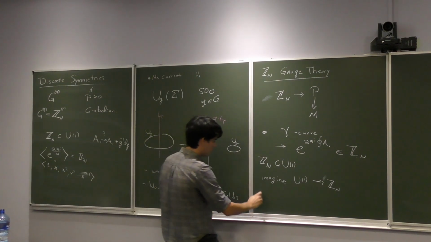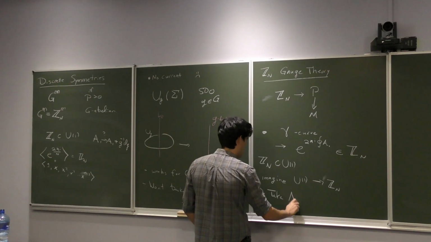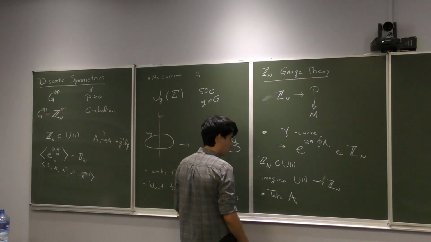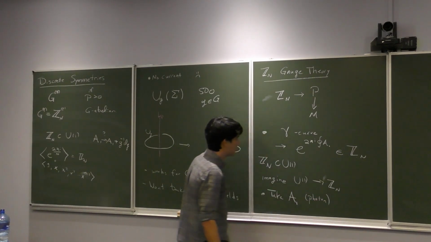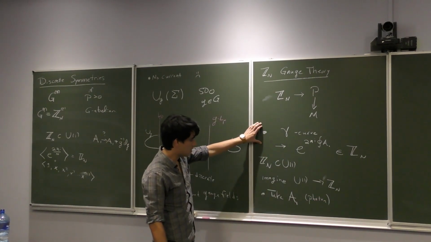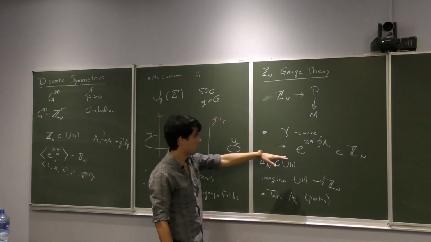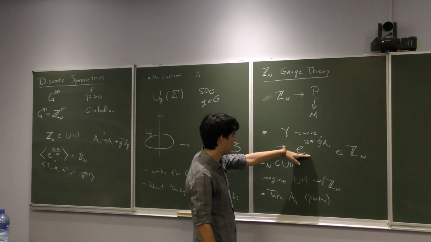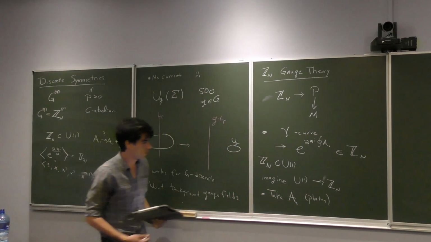So take some U1 gauge field A, like a photon. This puts a very strong restriction on the types of gauge fields you can have, but you can still think of this as a U1 gauge field, and that's totally fine.